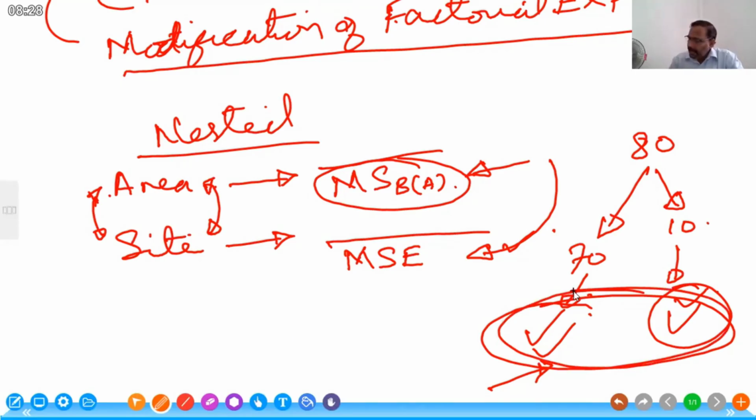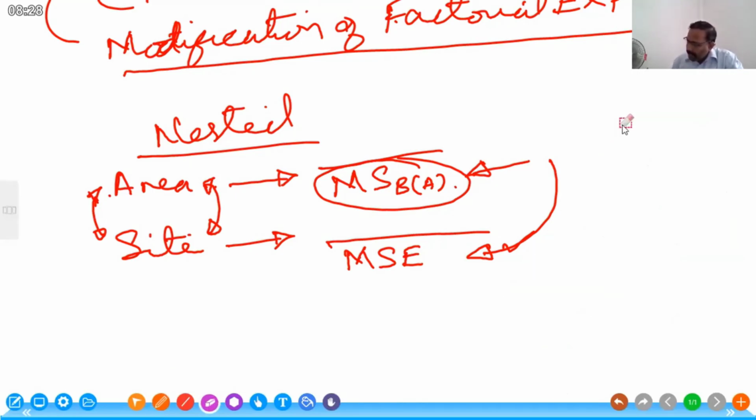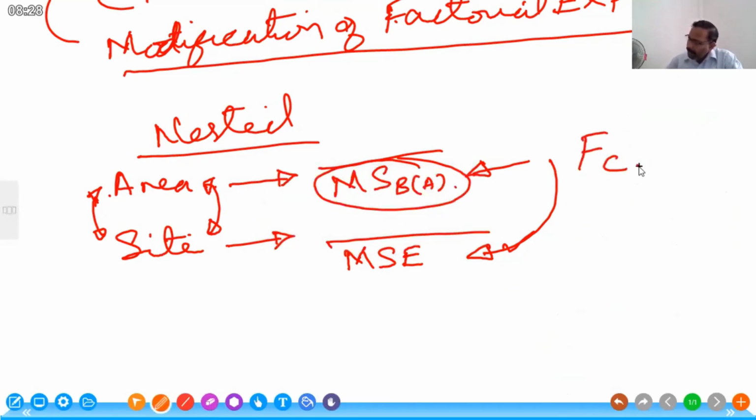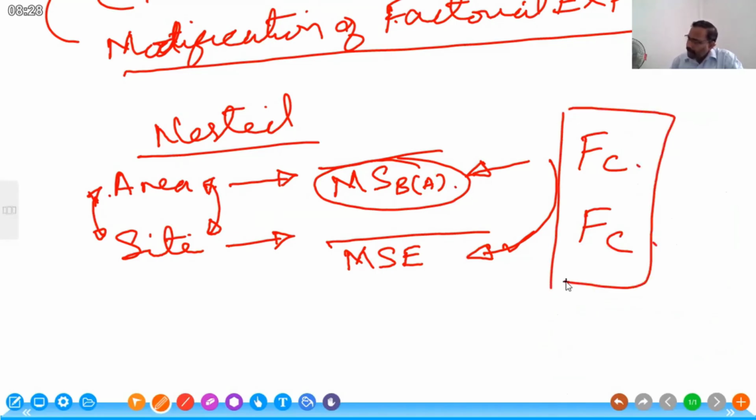Similar to that, here what we do is, we basically say we want to calculate the F values. Here also we calculate the F values. Do you think these two calculated F values are in a similar condition? No, it is not a similar condition.